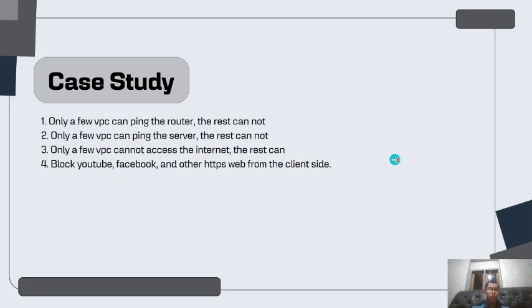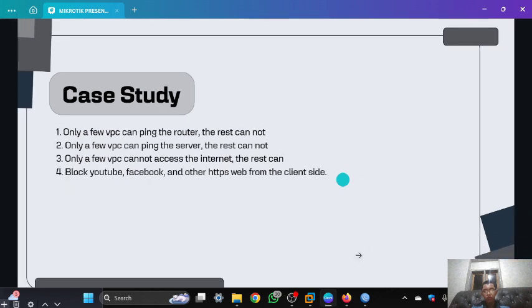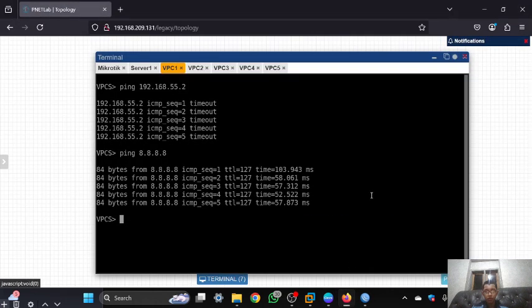In case 4, I will practice how to block YouTube, Facebook, and other HTTPS websites from the client side. So I will try to block YouTube, and let's go to the topology.